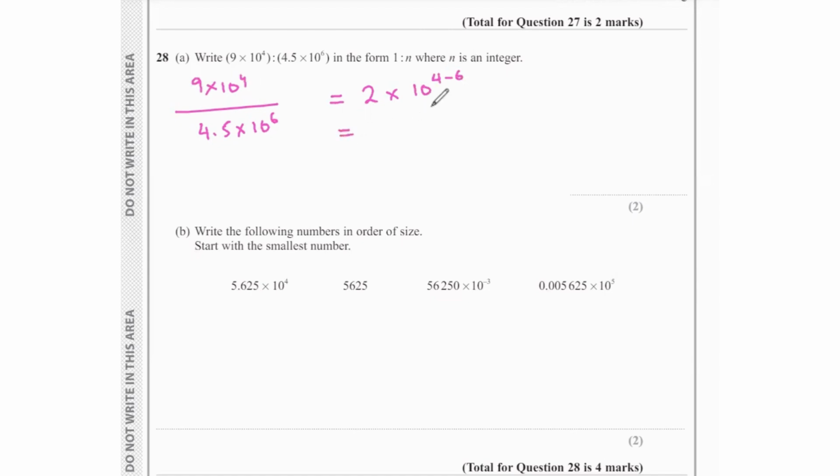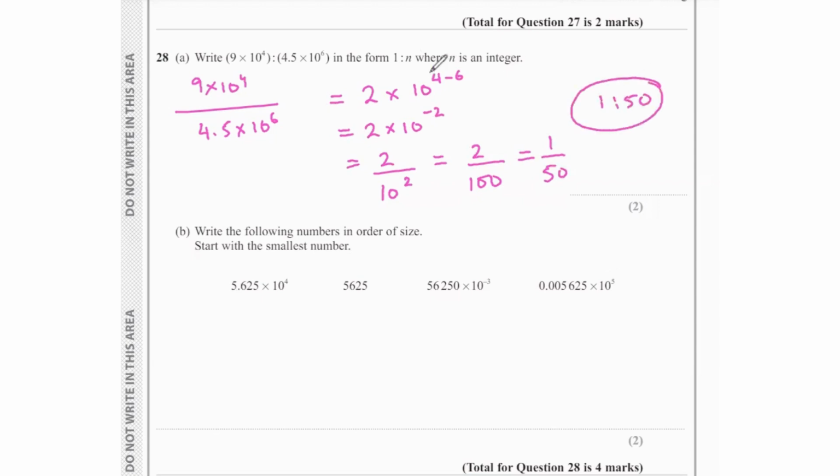So 2 times 10 to the power of 4 minus 6 is 2 times 10 to the power of negative 2. Let's make it positive by bringing it down to the denominator. So it's 2 over 100, which simplifies to 1 over 50. So 1 is to n is 1 is to 50, where n equals 50.